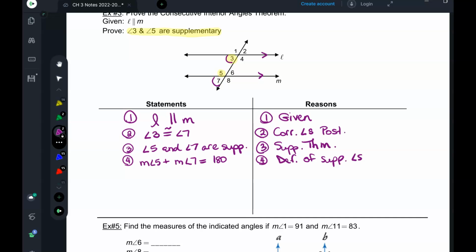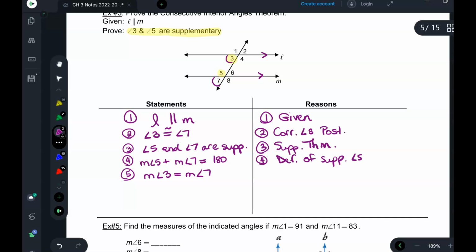then they're going to be supplementary. Now I see angle 3 and 7 are congruent, so I'm going to change that to an equals, because that will allow us to use the substitution property in the next one. So this is the definition of congruent angles. And now I can replace angle 7 with angle 3.